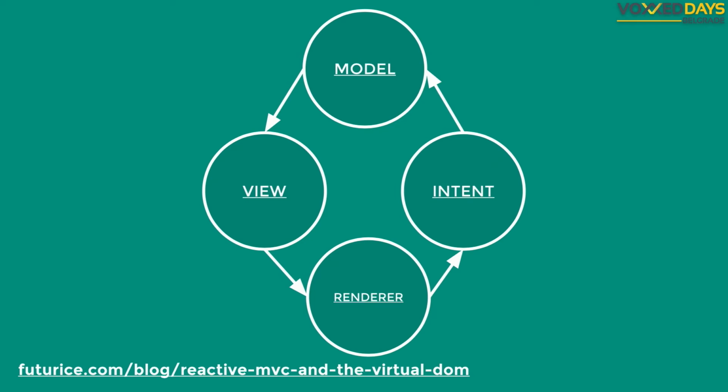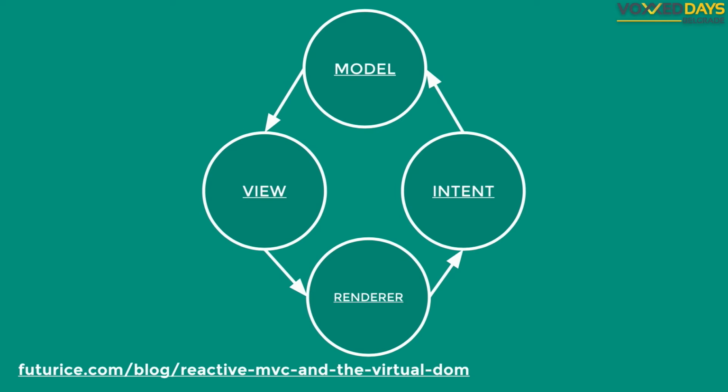If you remember, when I started my talk, I was talking about Flux as a unidirectional flow architecture. And here we have exactly the same concept. Here we have Model View Intent with a unidirectional flow, where we are splitting completely the model, the view, and, in this case, something subtle, because we have not only the view, but also the renderer. Usually when you work with MVI, you work with a virtual DOM.